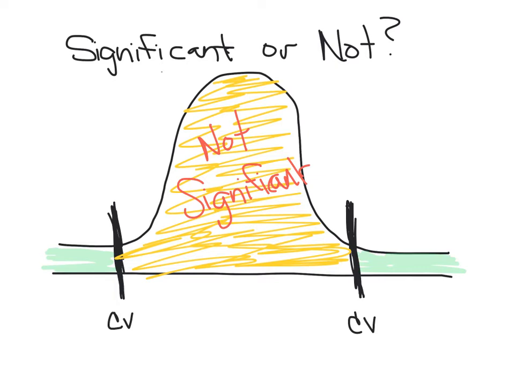The only time your test is significant is if your test statistic falls beyond that critical boundary. That critical value is the line that says, okay, nothing is significant until it falls out in those tails. So anything from here out or here out, these are significant.